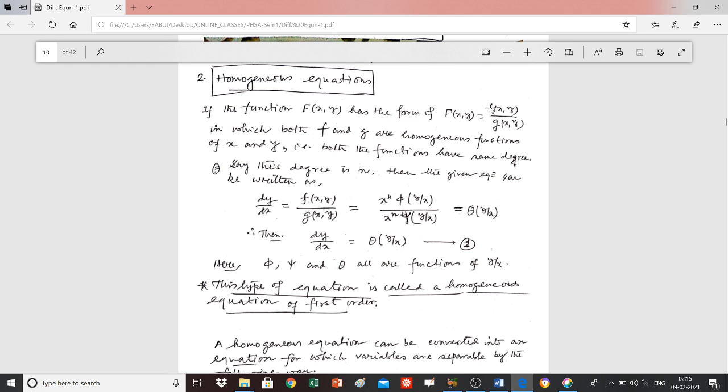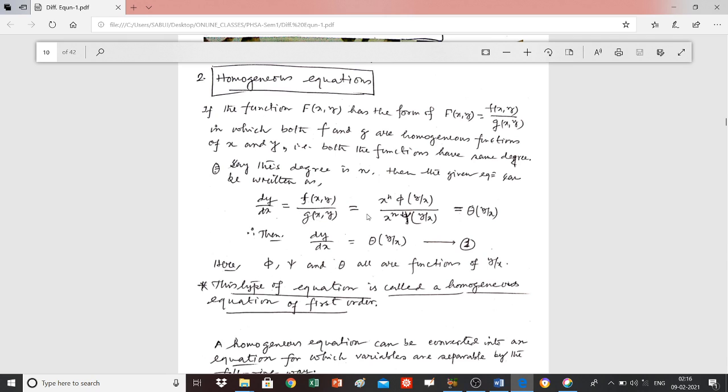If the degree of f is, in this case 1 and in this case 1, or if the degree of f would be n and here n, then this function would also be a homogeneous function. And the differential equation having the form dy by dx is equal to f(x,y) by g(x,y) can also be called a homogeneous equation.